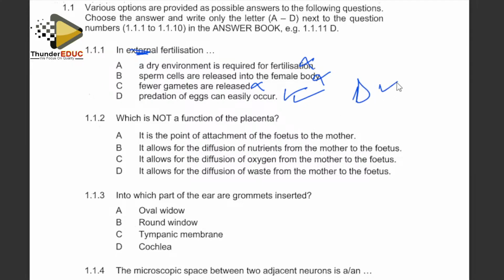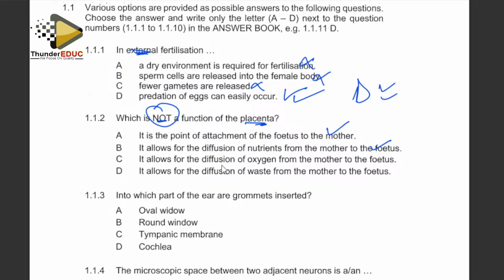So D, 2 marks. Which one of the following is not a function of the placenta? We talked about it. It is a point of attachment of the fetus to the mother. It's correct, but they are saying it's not. It allows the diffusion of nutrients from mother to the fetus. Yes, it is correct.